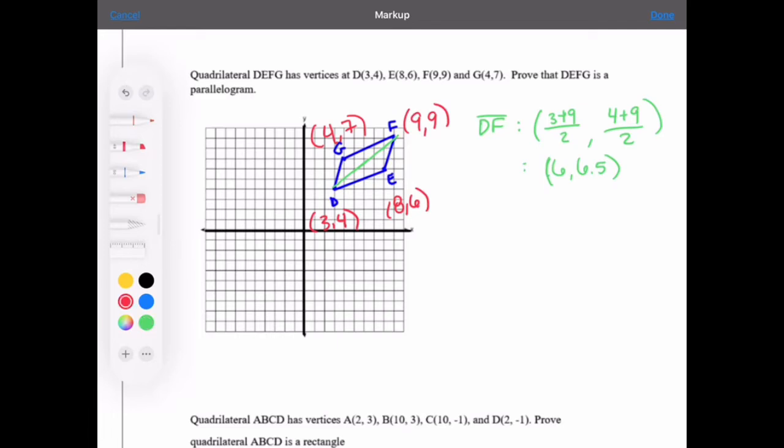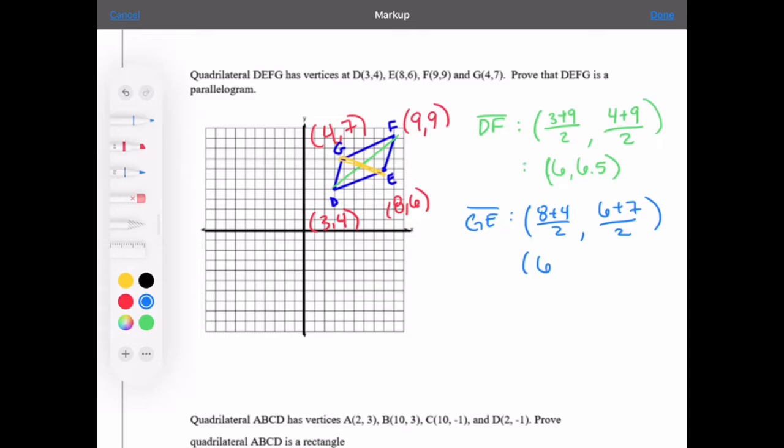Moving on, let's look at GE, right? That's our other diagonal. So GE, average of our x's would be 8 plus 4 divided by 2, and our average of our y's would be 6 plus 7 divided by 2.